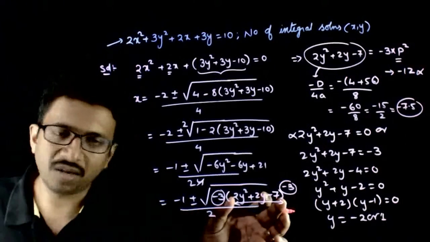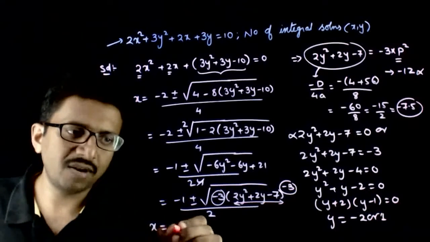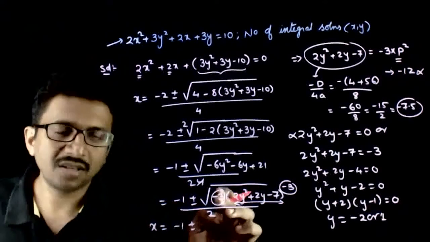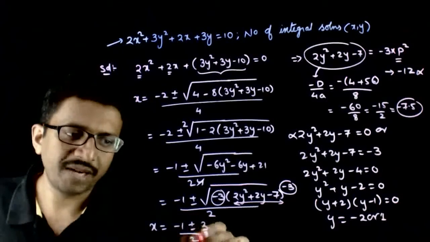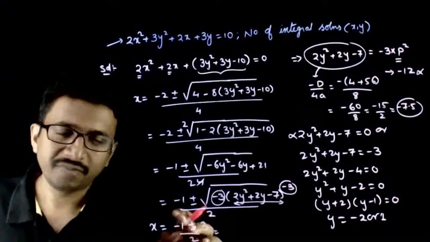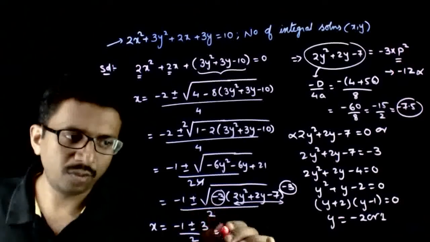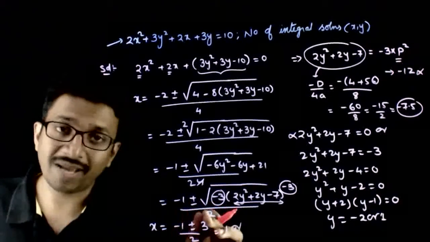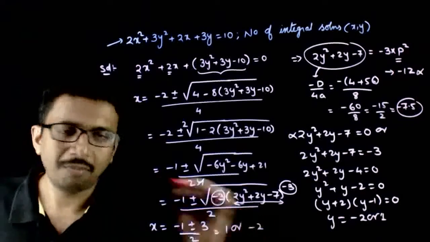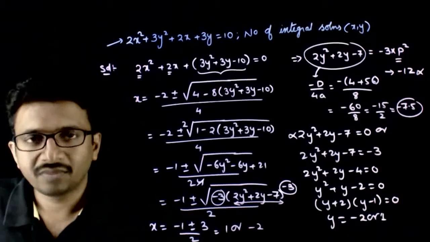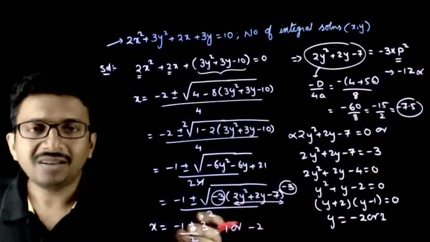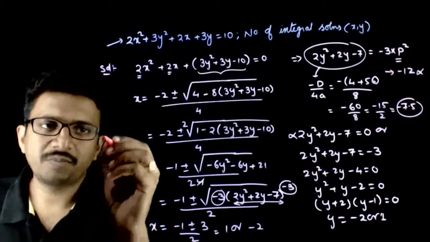So if this expression is equal to −3, x = (−1 ± √9)/2, that is (−1 ± 3)/2. So x can be (−1 + 3)/2 = 1, or (−1 − 3)/2 = −2. So how many different solutions are there to this problem?